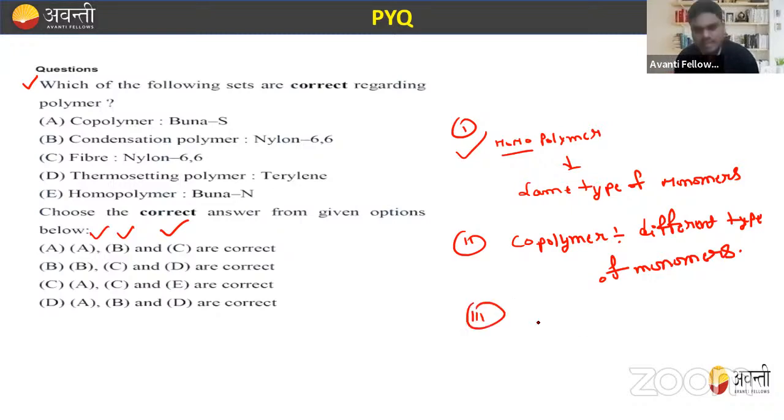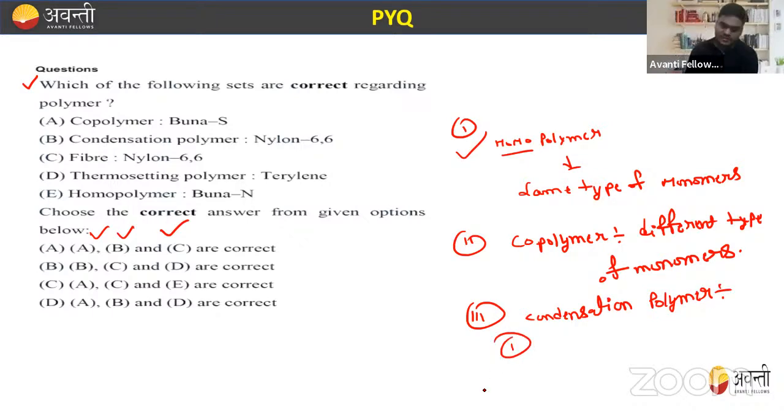On a similar basis, the third one is condensation polymer. What is condensation polymer? Condensation polymer means there is a removal of a water molecule.